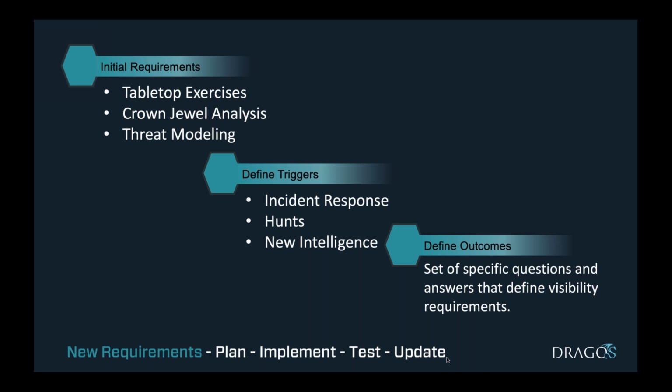But also new intelligence. So as vulnerabilities come out or new attacks or campaigns are being observed, all of those should be triggered events to allow for more introspection by the security operations team on how they map their security visibility to the industrial process and how they would actually defend that on a recurring basis.